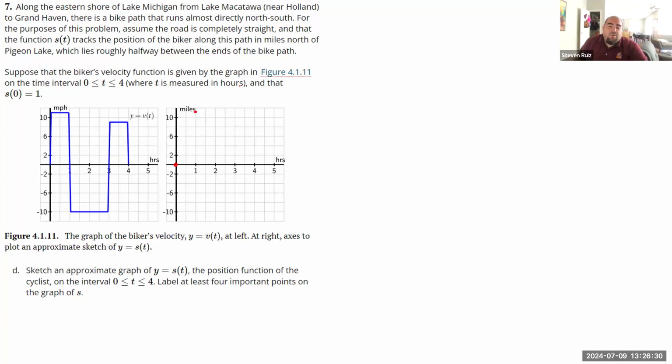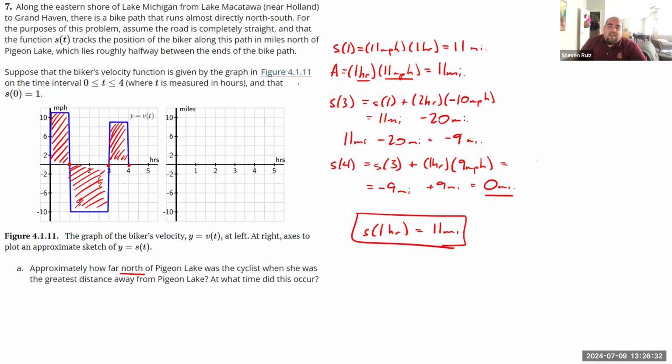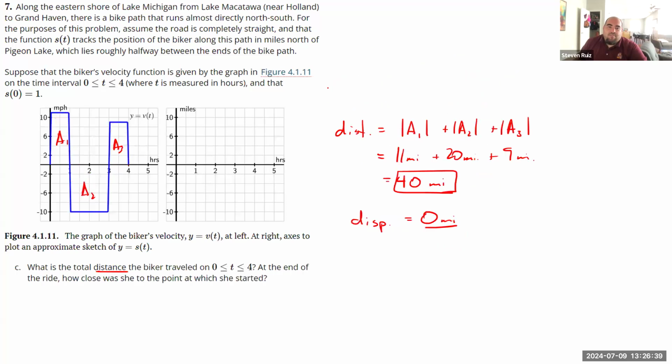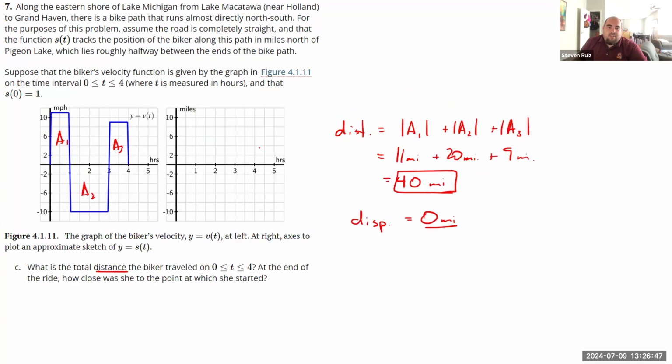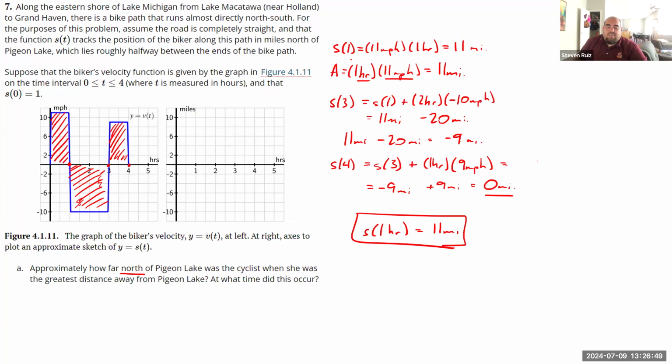And let's just go back to our work in part A. What happens after hour 3? After hour 3, she was 2 miles north. Just to be clear, because our position at hour 1 was 11 miles. Oh no, I am lying to you.